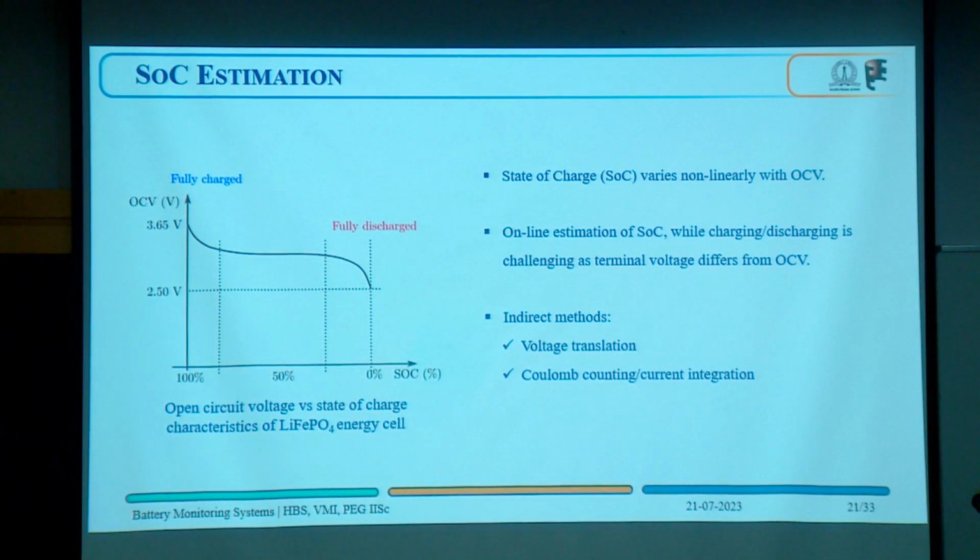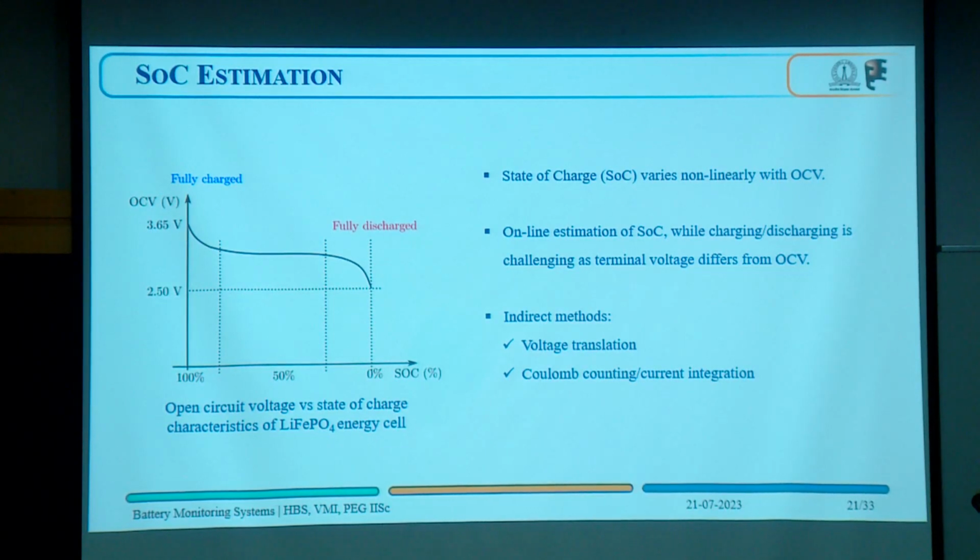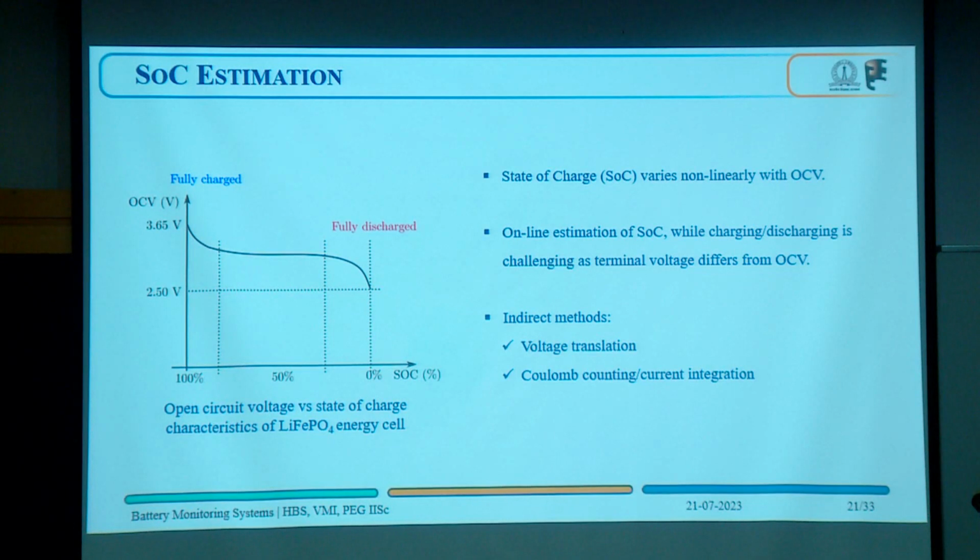The change in the open circuit voltage is fixed, but then there will be an IR drop which gives the terminal voltage, and we only have access to the terminal voltage. That differs from the OCV. So we cannot directly use the terminal voltage to estimate the SOC. Rather, we can use the open circuit voltage.